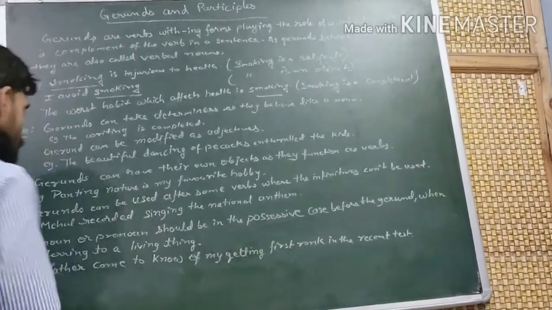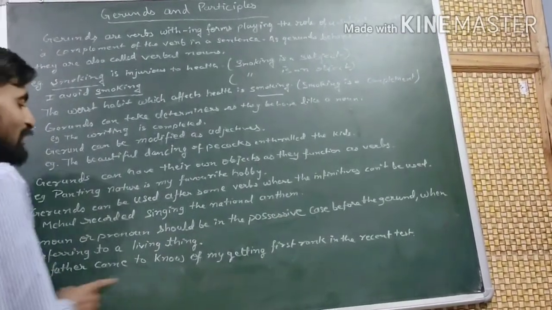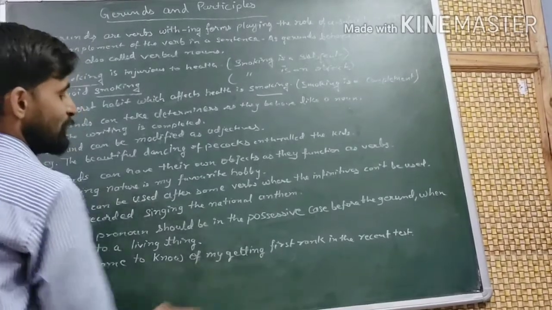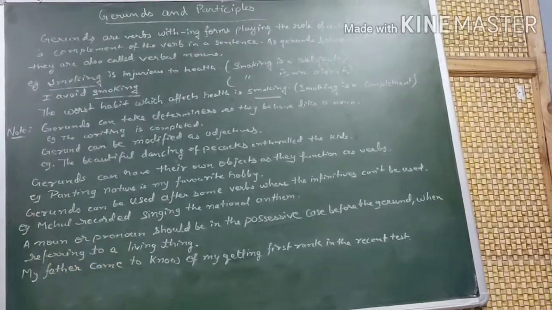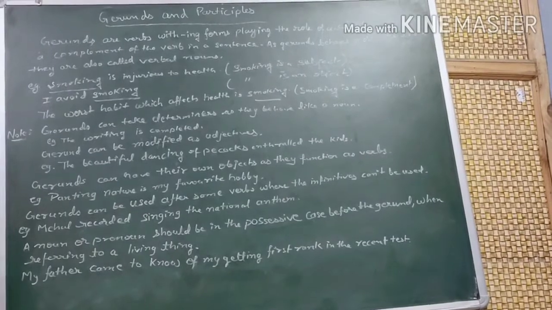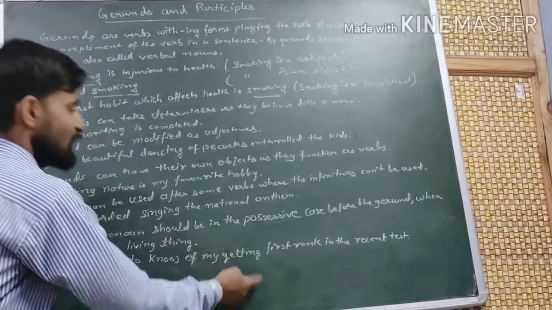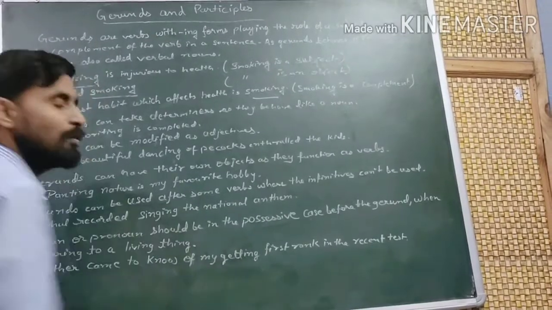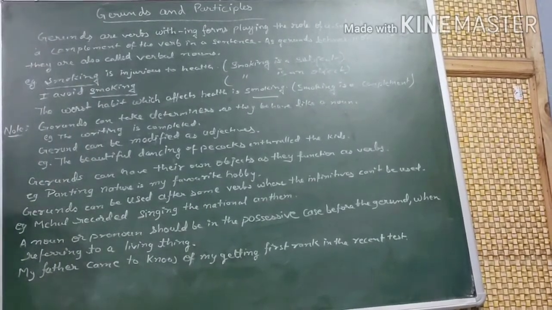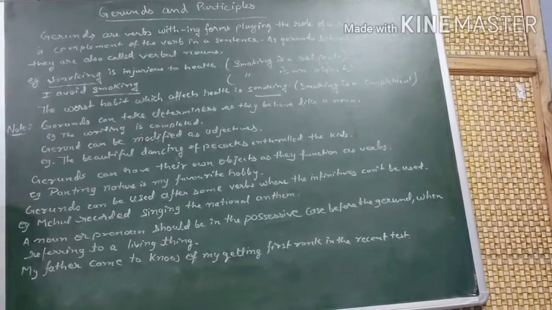Father is a living thing, and if there is a living thing, then the gerund should be preceded by the possessive case. Before the gerund we are using my, a possessive case. My, mine: these are possessive words.